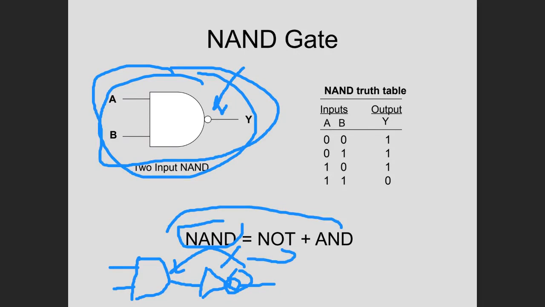So let me get back to a PowerPoint. Okay, so this NAND. Look at the output. If you remember the output column of the AND gate, the only time an AND was true was when both switches were closed.